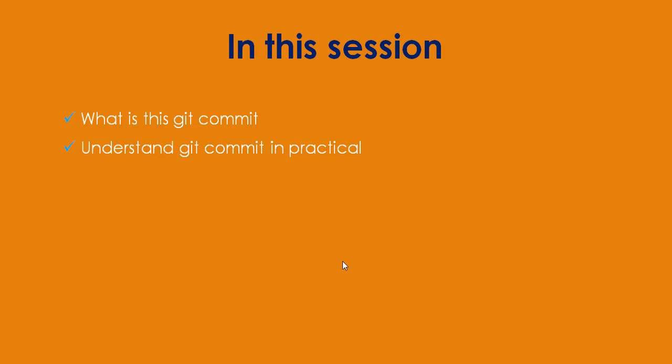So let's understand in practical. As per the earlier discussion, I already created two workspaces, one for local dev 1 and another for local dev 2. Here in the local dev 2 workspace, I'll add a new file called myfile.cs.